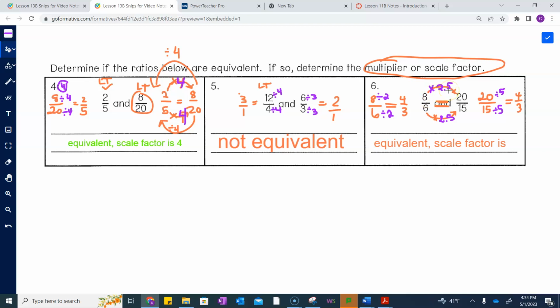Half of 8 is 4. 16 and 4 is 20. 6 times 2 is 12. Half of 6 is 3. 12 plus 3 is 15. So our scale factor is 2.5. That's the number that we either have to multiply 8 and 6 by to get 20 and 15, or it's the number you have to divide 20 by to get 8 and 15 by to get 6.